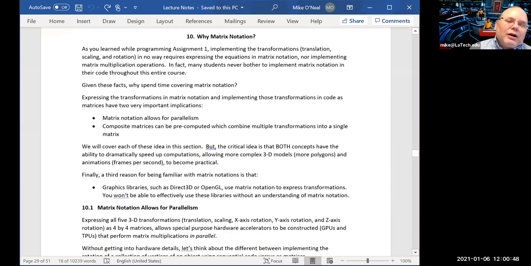Why matrix notation, Mike? With all of this complexity, why are you doing this to me? I never did anything evil to you. Why are you being evil to me? Oh, I'm not. Because remember, you can always use the equations which you're using in your code. And like I say, some of you will decide that you want to switch over to matrix notation and will by hand implement the matrix multiplications.